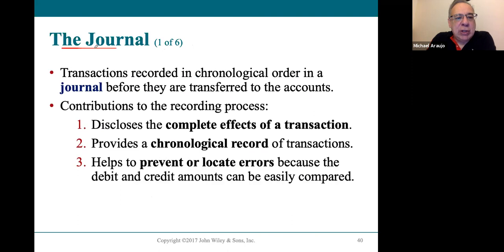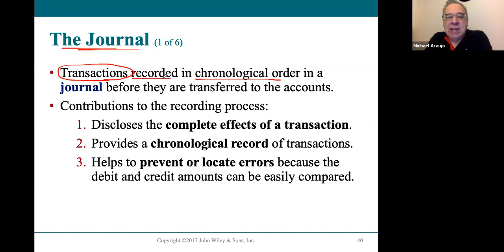Okay. So the journal is a list of all the transactions that happened in a company. It's in chronological order. It's supposed to be in the order in which they happened, but it usually is at least by date order, for sure. Basically, anything that's a transaction changes the financial condition of the company.